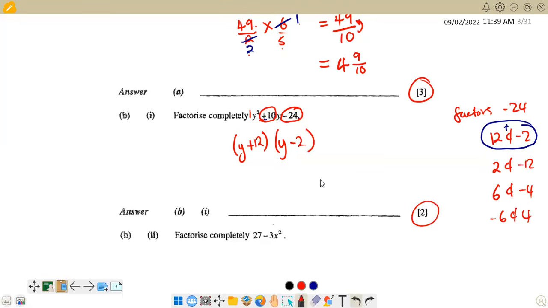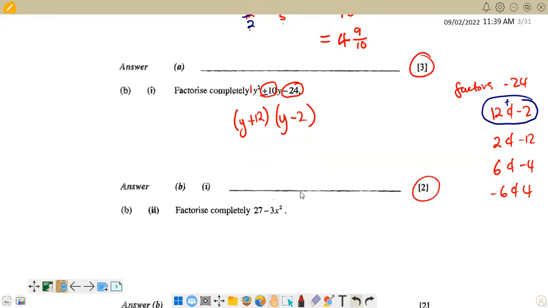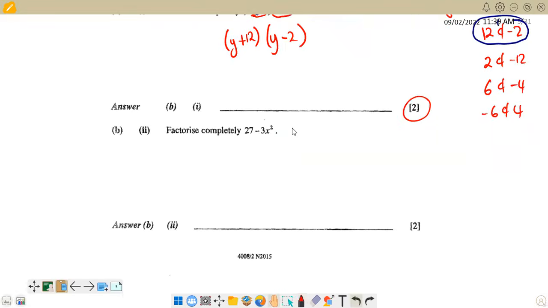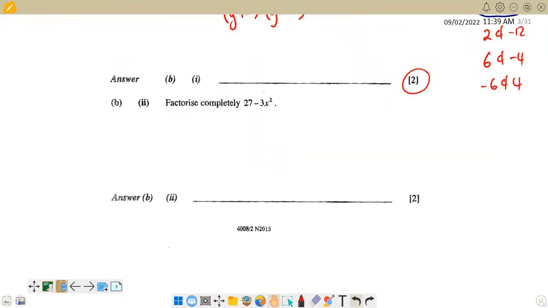Or you can use the longer way. Remember, for the longer way, it's fine if you want to do that, but as guys use simple methods. Okay, factorize completely again on item 2. We are asked to factorize. So what we have here that is common, we do not have here. On x we do not have, but on the numbers we've got 3 here on 27 and 3. So 3 is common.